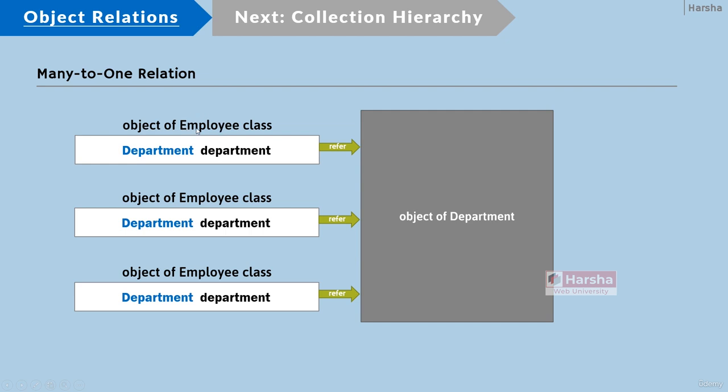And there are 3 objects that represent Scott, Allen, and Jones. Scott belongs to the accounting department. So he has a field or property of department type that contains a reference to the object of the department class. In the same way, the second employee called Allen also has another field or property that contains a reference to the same object. And even in the case of the Jones object also. So multiple objects of the employee class have relation to only one object of the department class. This is the case of many-to-one relationship.